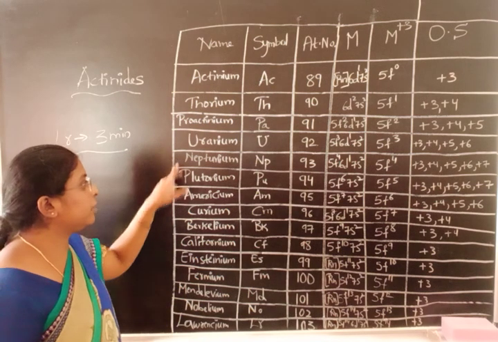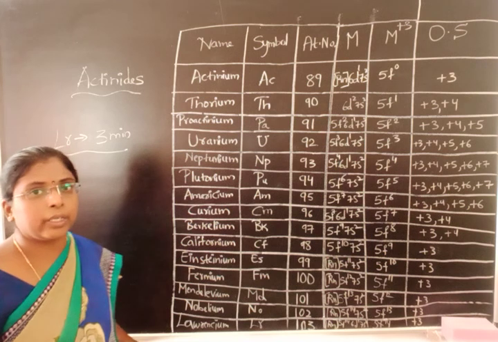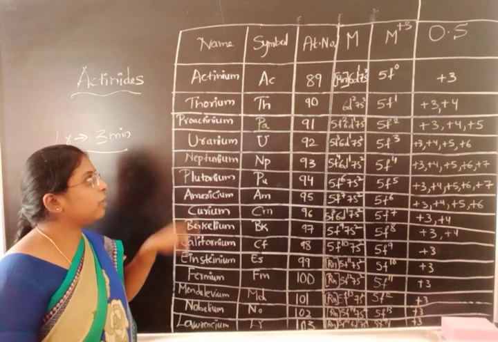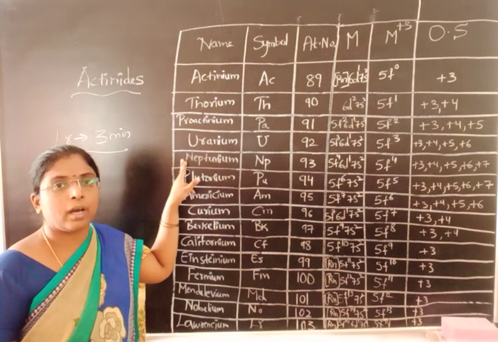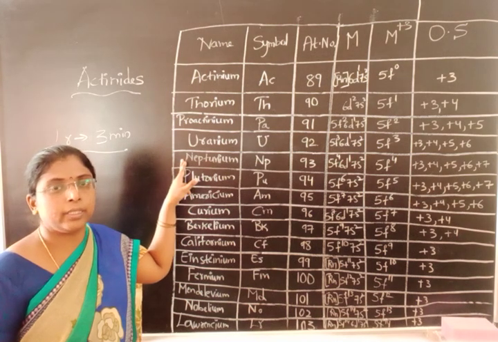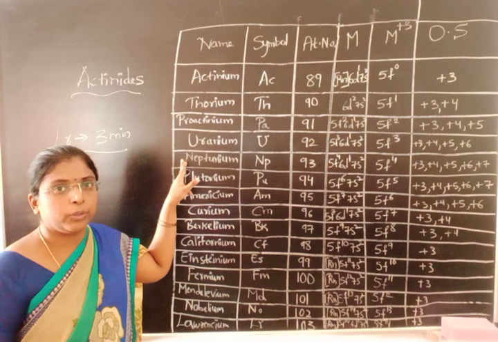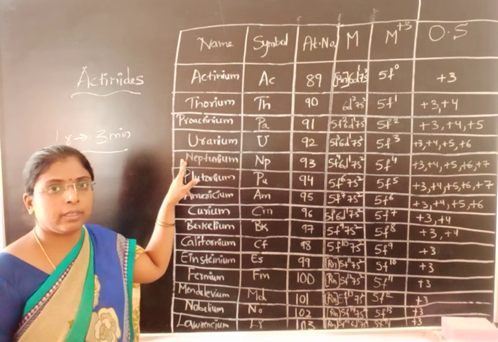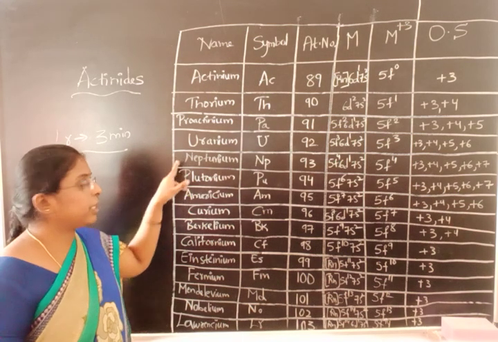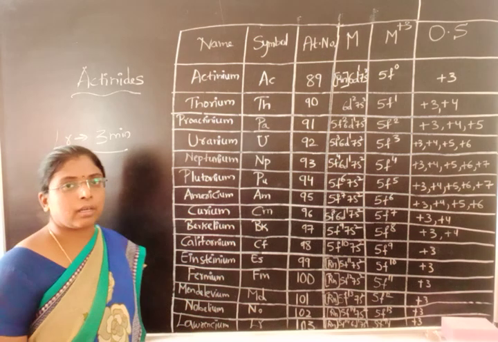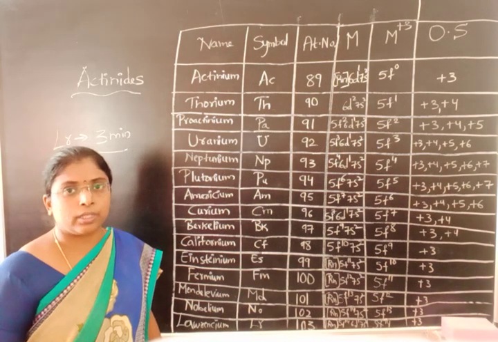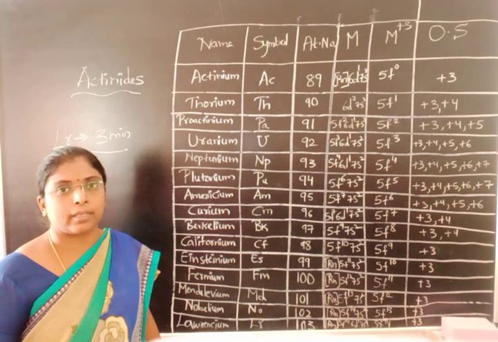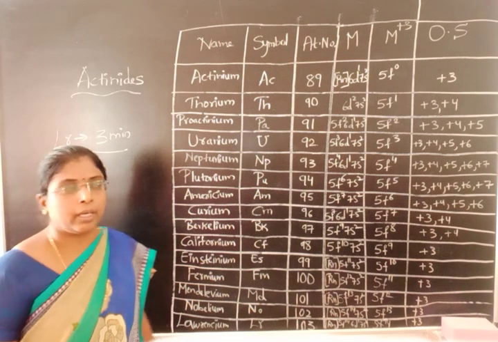After uranium, these elements are radioactive in nature. Generally all these elements are radioactive, but after uranium they are all artificially prepared. These elements are prepared by human beings and synthesized in the lab. After uranium, all these elements are artificial, man-made elements, hence we call them transuranium elements.